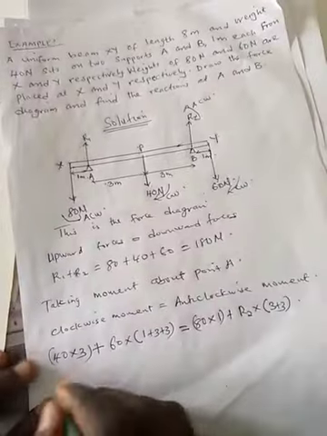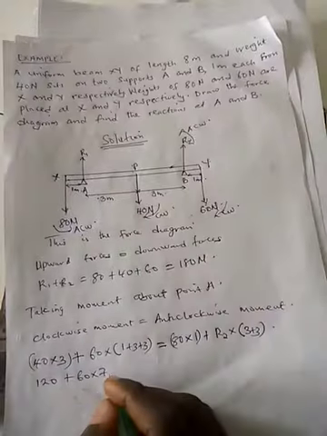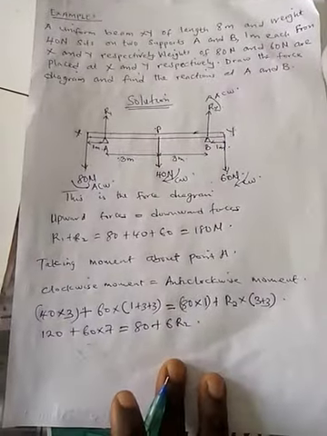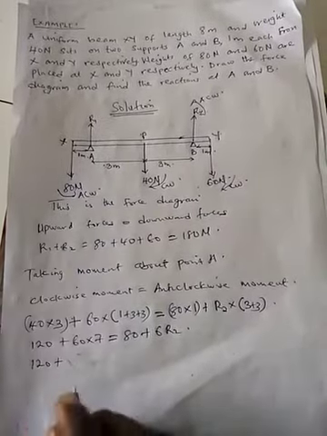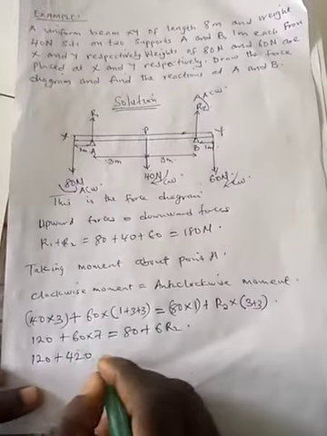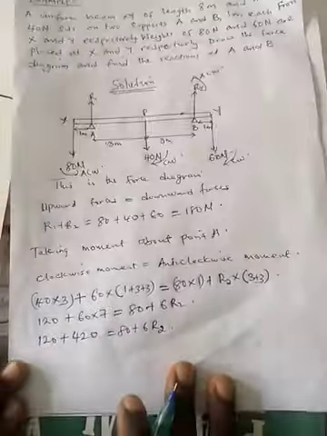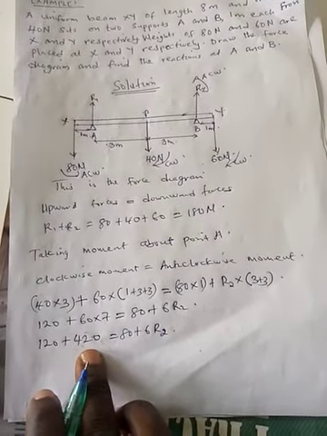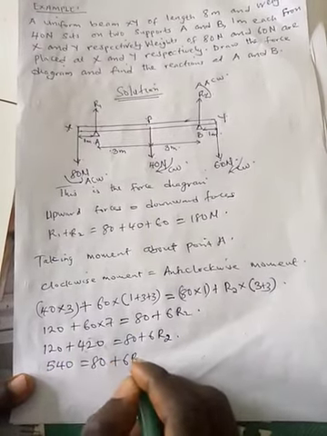So that's going to give us 120 plus 60 times 7 equals 18 plus 6R2. 60 times 7 is 420, so we have 120 plus 420, which will give us 540 equals 18 plus 6R2.